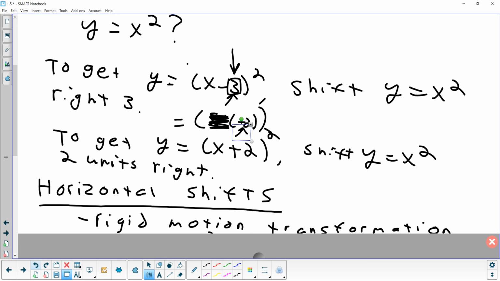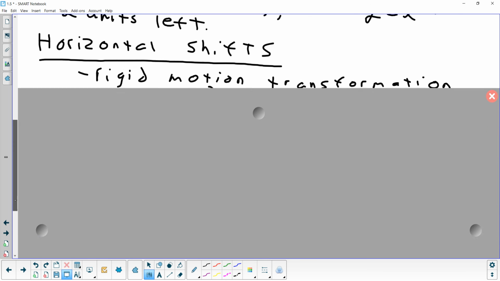Minus 2. Minus 2 means to move 2 units to the left. If you were confused, I understand why. Okay. So it's just however you can keep it straight, you have to kind of keep track of that.